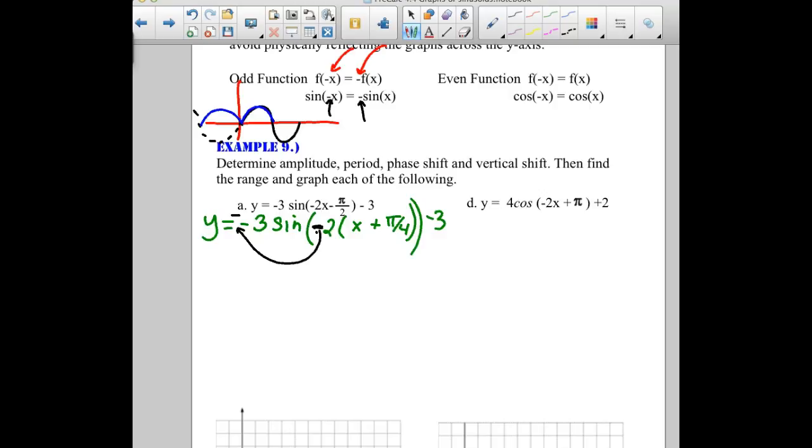If you take a curve reflected over x and then reflected over x again, we're back where we were. So my new version of all of this is just a plain 3 in front times the sine of 2 times the quantity x plus pi/4, and then a -3 on the end.